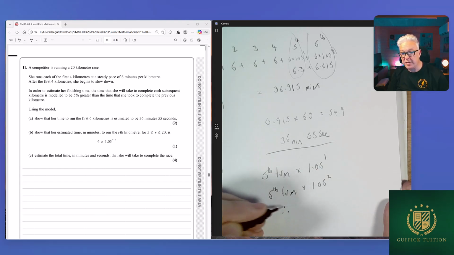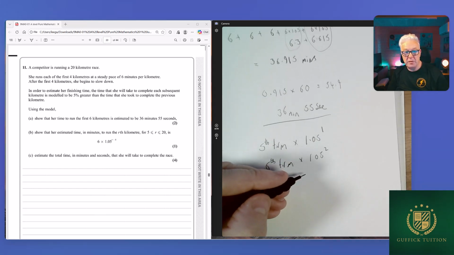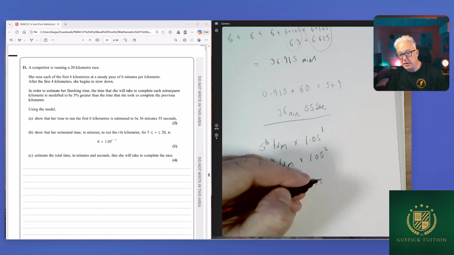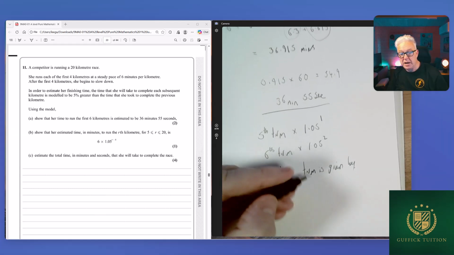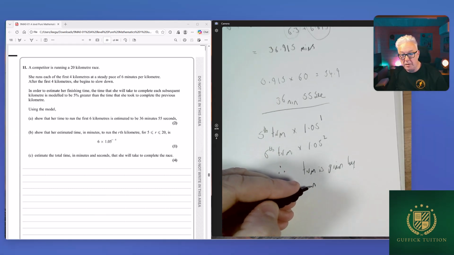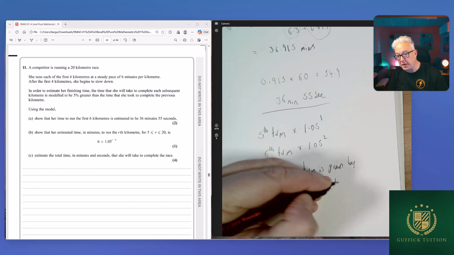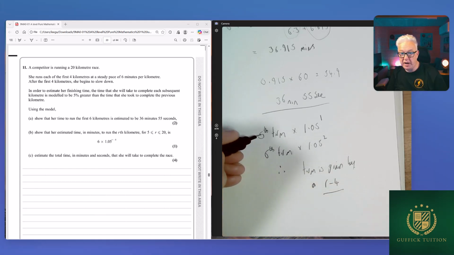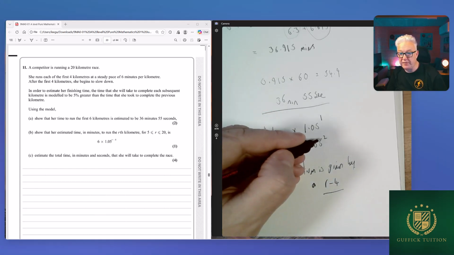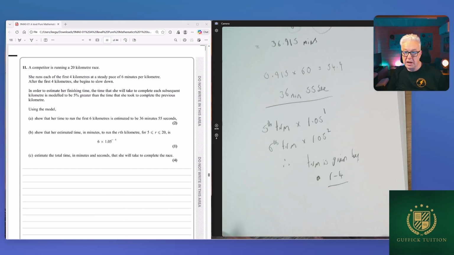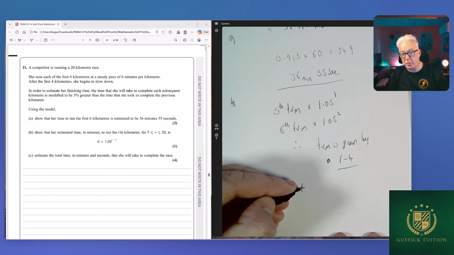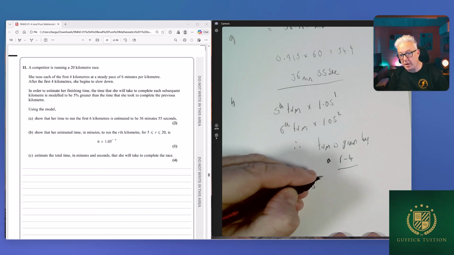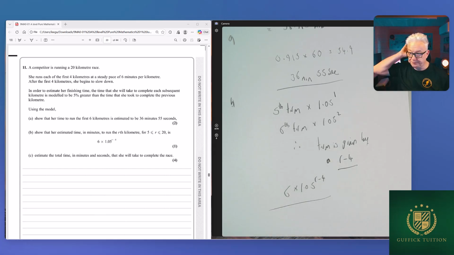So we can say that the term is given by r minus 4. Because 5 take away 4 is 1, and 6 take away 4 is 2. So 6 times 1.05 to the r minus 4 would be fine.